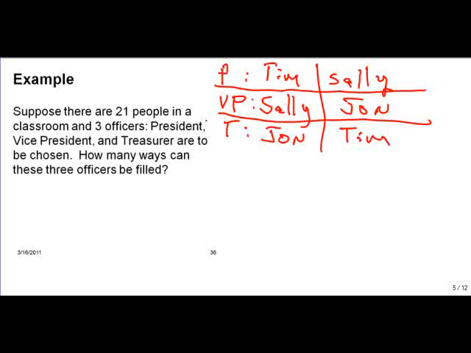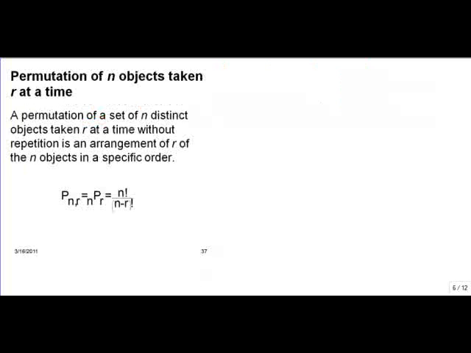So I think we can agree that these two arrangements are not the same, so we can conclude that order matters. So now the question is, out of a pool of 21 people, we want to fill 3 spots or 3 places, and so we want to know how many ways can these officers be filled. So a permutation on n objects taken r at a time is computed by this formula right here, n factorial divided by n minus r factorial.